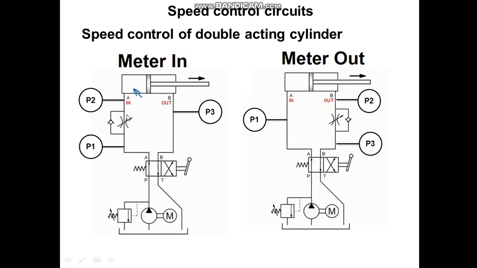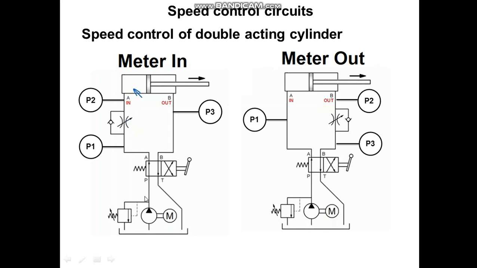If this valve is partially closed, less liquid will be supplied to the cylinder, and the speed of extension will be less. If the flow control valve is completely open, then the speed of extension will be more. So the speed of extension completely depends on the opening of this flow control valve. Now you can ask me, why is this check valve attached along with the flow control valve?